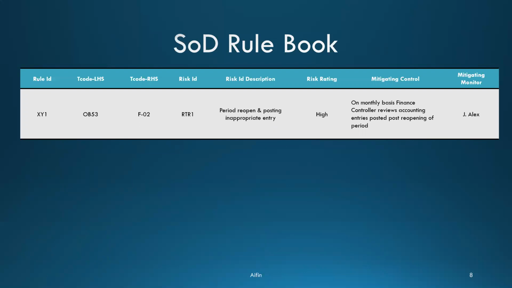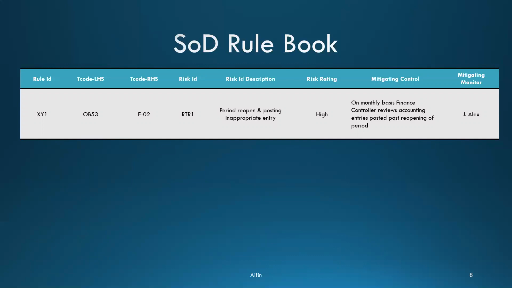Basically, we have defined this in a rule ID, which is XY1, and it is mapped to a risk ID, which is R2R1, where we state the description: period reopen and posting inappropriate entry, that's a risk. We also categorize the risk rating as high, moderate, or low, so it's a high risk.